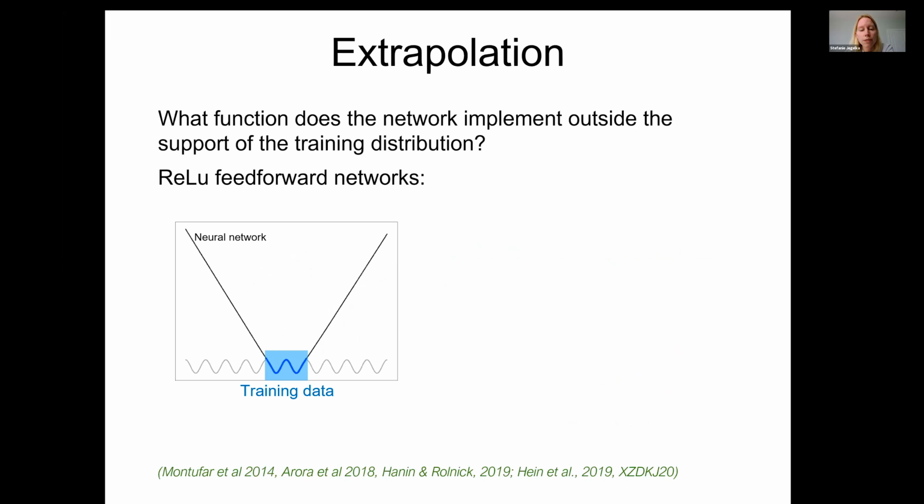Here is a very simple illustration where we have a small set of training data from a cosine function, and we look at what the network does outside of the training data. It puts a lot of the nonlinearity into the training data, fits it perfectly, but outside the training data, it looks pretty much piecewise linear.